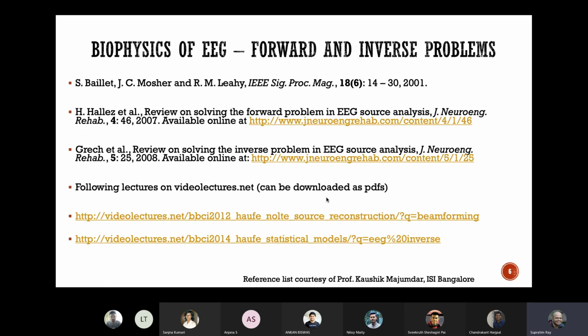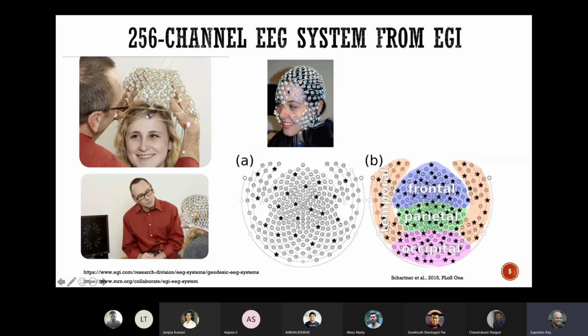Now the math that we are going to discuss mainly in the next few classes, as far as EEG is concerned, is going to be around this problem of what are called forward and inverse problems, which essentially mean that if I give you the voltage distribution on all these 64, well, in this case 128 channels or 256 channels, can you tell me where the source is in the brain that is producing this voltage distribution?